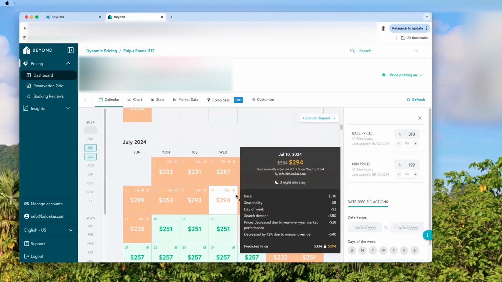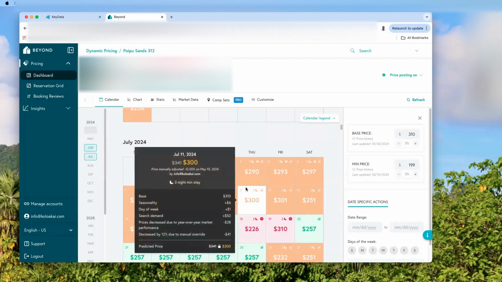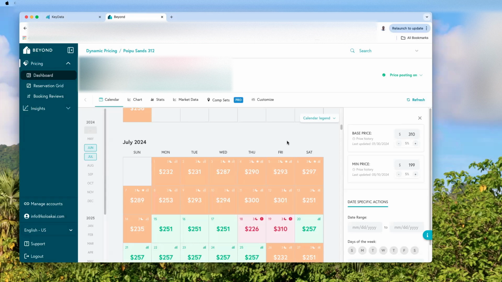It'll show us exactly what this price is made of. So we've got the base rate, we've got the seasonality, we've got the day of week, the search demand that's impacting that, the prices due to the year over year market performance, and then also any manual overrides, to where we're able to really get a fine tune on what we're doing on that particular property and adjust it so that we can ensure that we're going to get bookings in that time period as well.